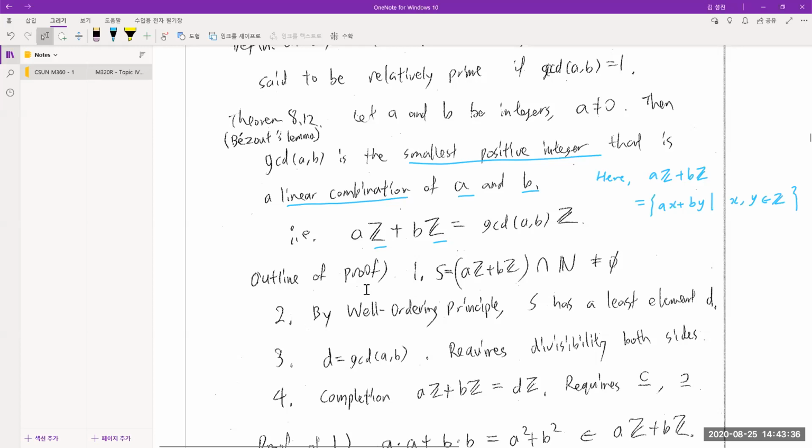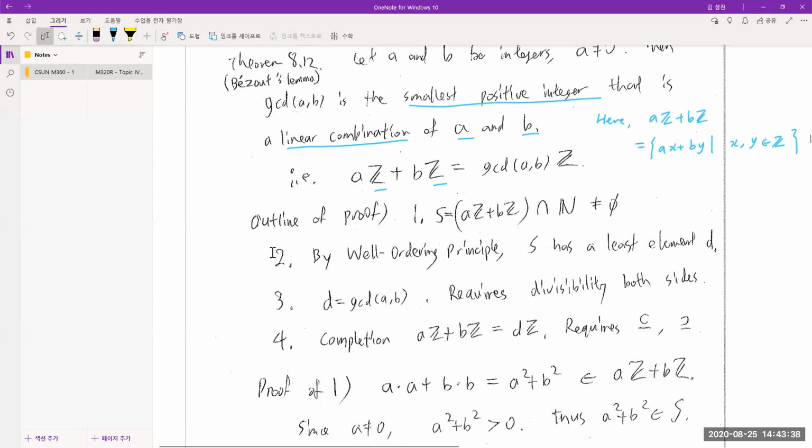So the outline of the proof is divided into 4 parts. The first part is proving that the set S is a non-empty set.